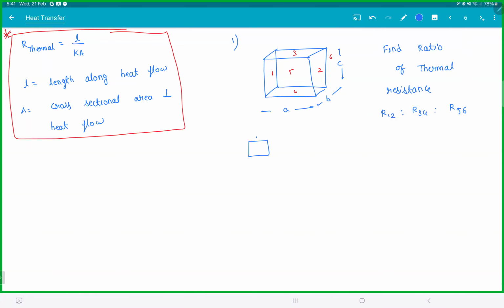Meaning if you have a cube like this, not a cube, cuboid. So in case 1, you're saying this point and this point are having a temperature difference. So what is the resistance?